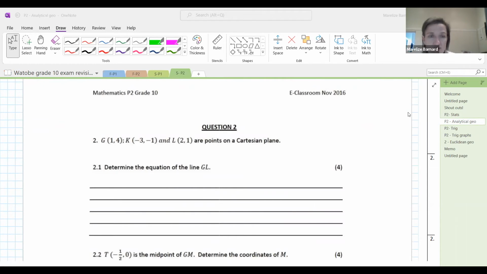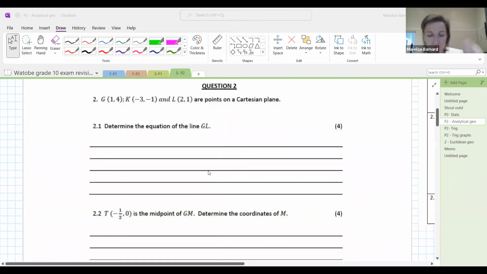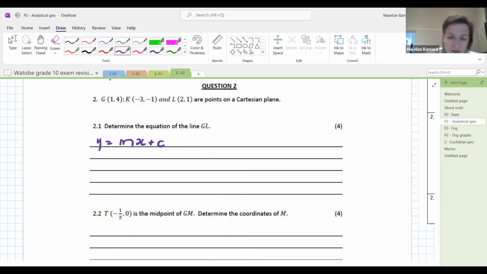Let's get started. We've got 3 points, G, K, and L. Determine the equation of the line GL. If we are doing the equation, first up is y equals mx plus c, right?